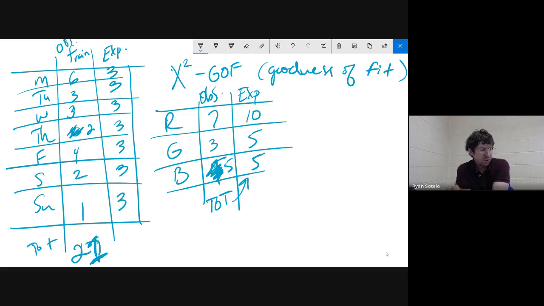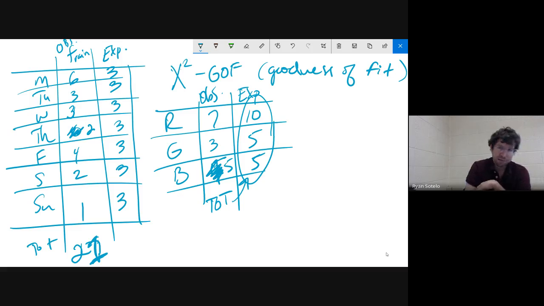In either case, when you do a goodness of fit test, you have an expected distribution. All you do is add up all the tallies and distribute them how you think they should be distributed. Usually it's an even split, like over here.